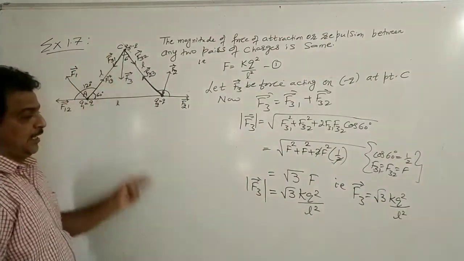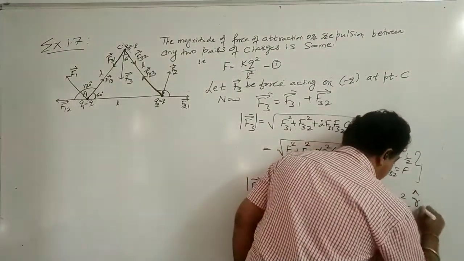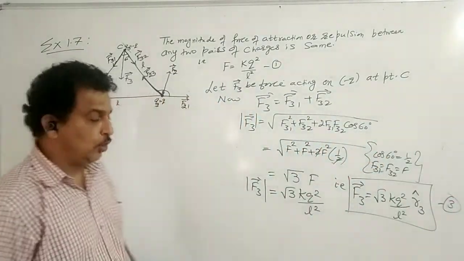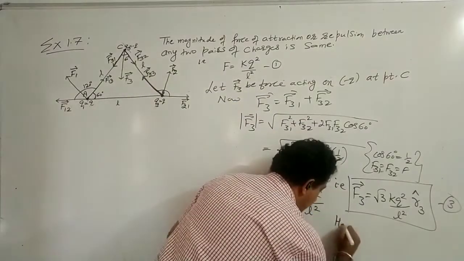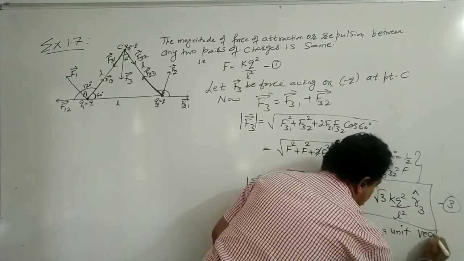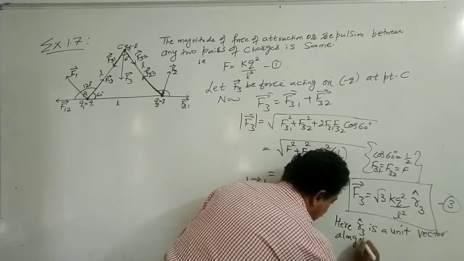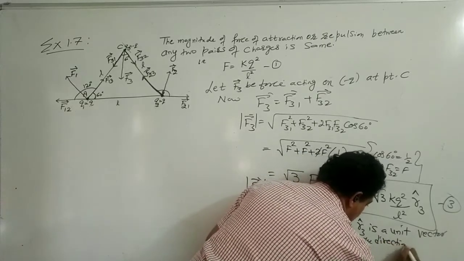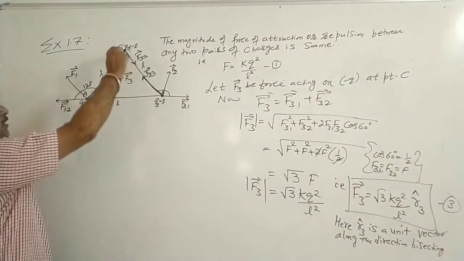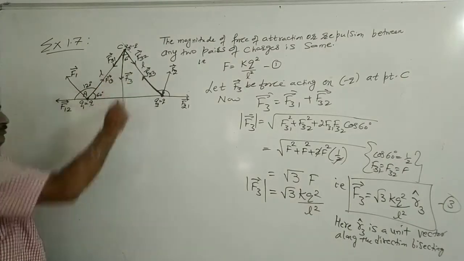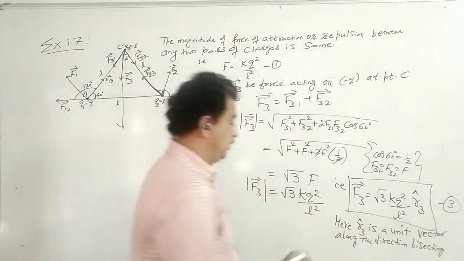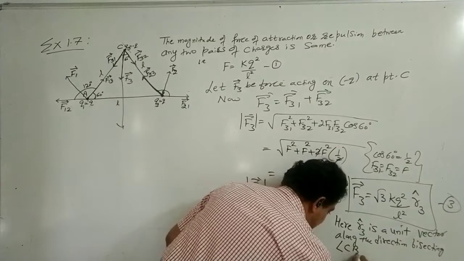Now let us name this direction by a unit vector r cap 3. This will be your answer, the resultant force acting on the point C. Here r cap 3 is a unit vector along the direction bisecting. Now if I extend this direction of F3, it will bisect AB. So it is a unit vector along the direction bisecting angle CBA.